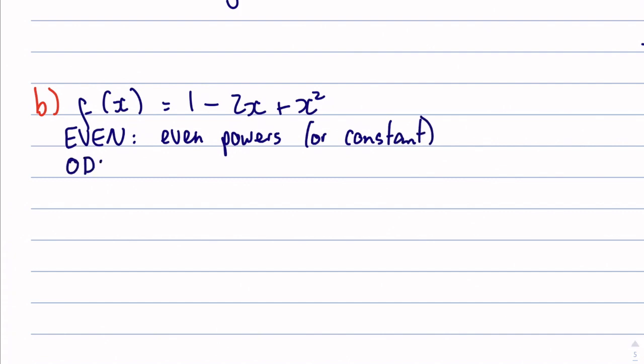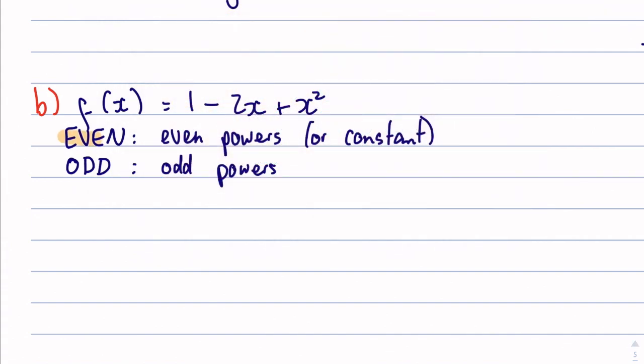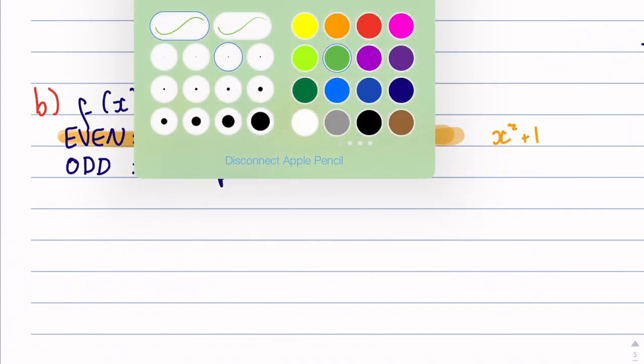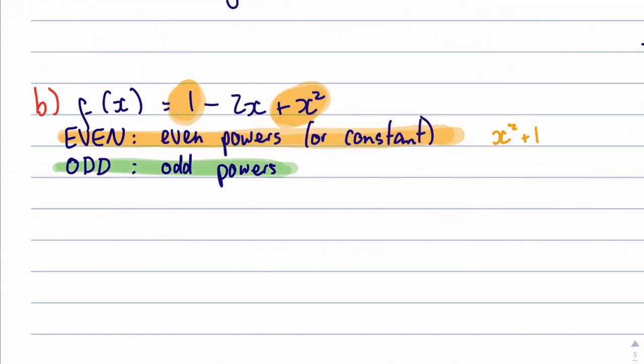If they're odd, they have odd powers. So the even one would be this and this, so we would have x squared plus 1. The odd one was anything with an odd power, which was minus 2x.